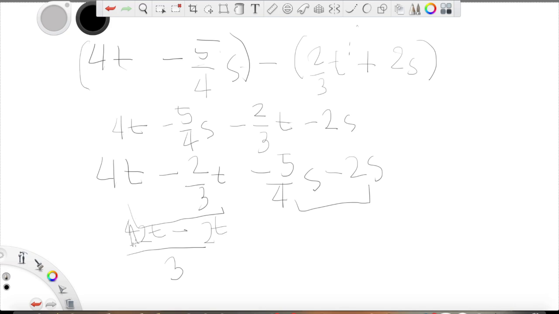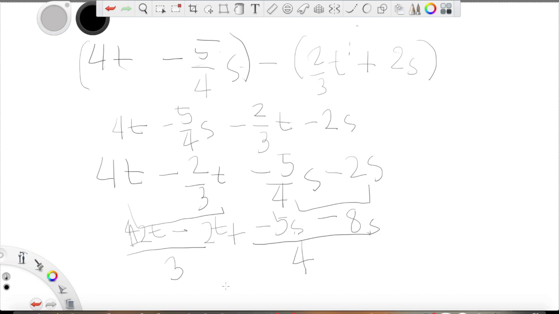So 12t minus 2t over 3. For the s terms, all over 4: 4 divided by 4 is 1 times 5, so negative 5s, and then negative 4 divided by 1 is 4 times 2 is 8, so negative 8s.